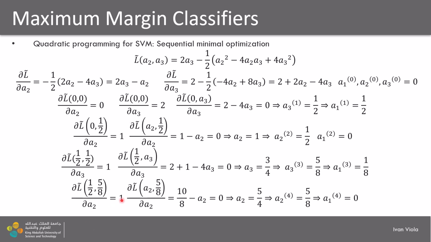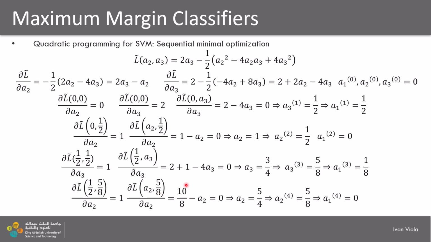That leads to the partial derivative with respect to A2 when we put 5/8 for A3.